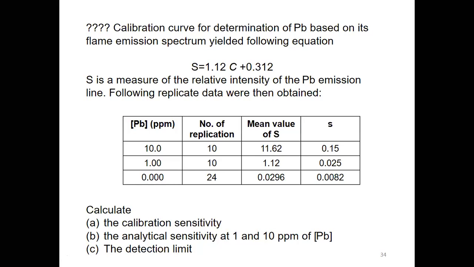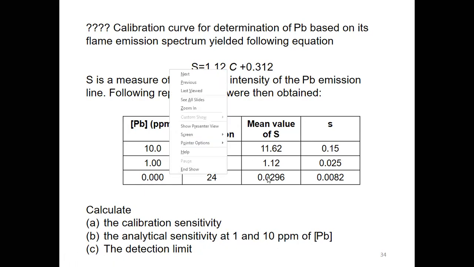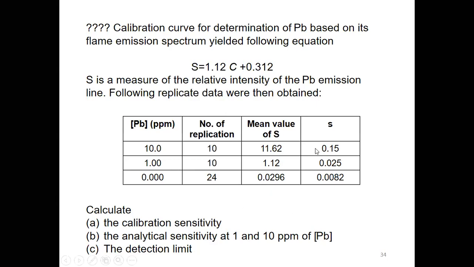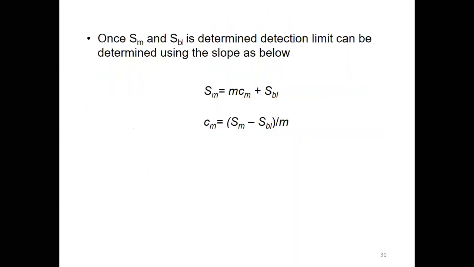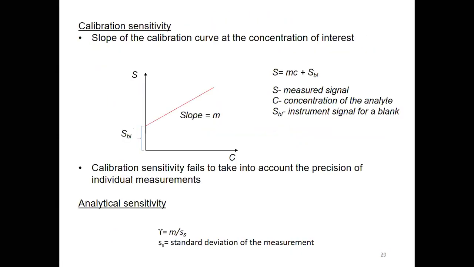So calibration sensitivity is 1.12. When it comes to the analytical sensitivity at 1 and 10, you have to go to the standard deviation and find it. That one you have to calculate, but it is straightforward. Calibration sensitivity, take it from the equation.